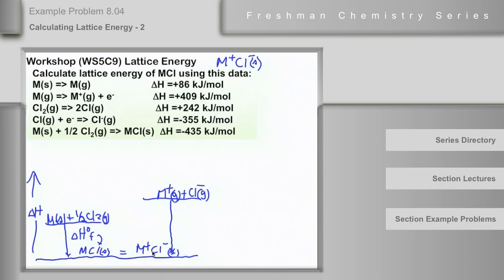So this is delta H of lattice. Okay, so we just have to complete the rest of the cycle.